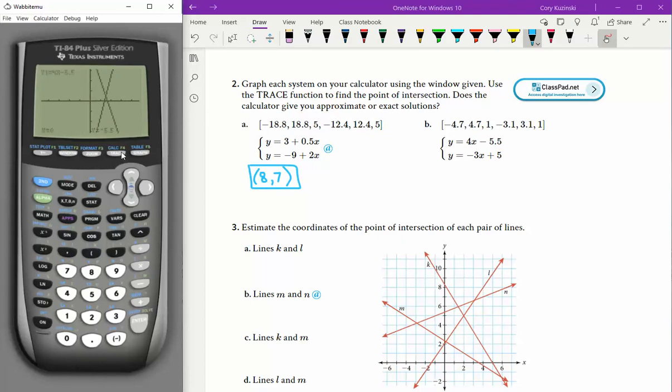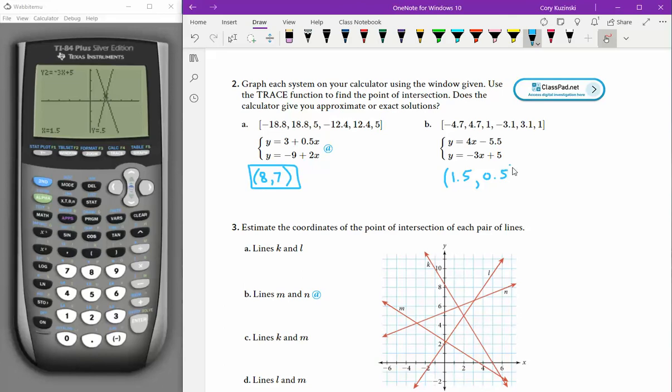Looks like they cross at about 1.5. Yeah, maybe 1.5, 0.5. That's definitely on the first line. Let's go to the second line and put in 1.5. Yep. So just looking at the graph doesn't give us the perfect solutions.